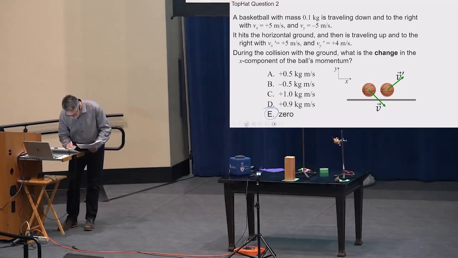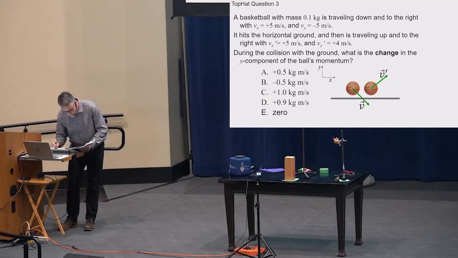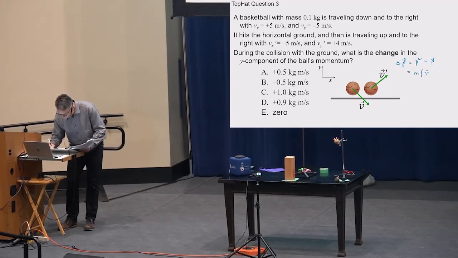This one was 0. For this one, delta P is equal to P final minus P initial. So it's the mass times V final.